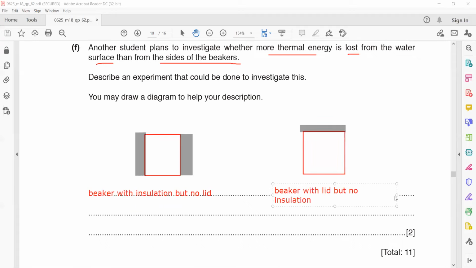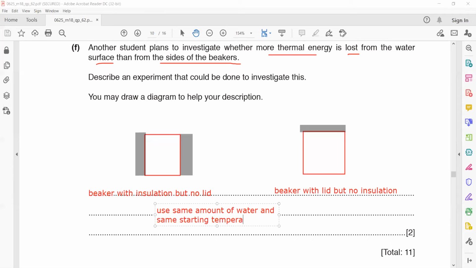And then use the same amount of water and the same starting temperature. Then compare the temperature changes.